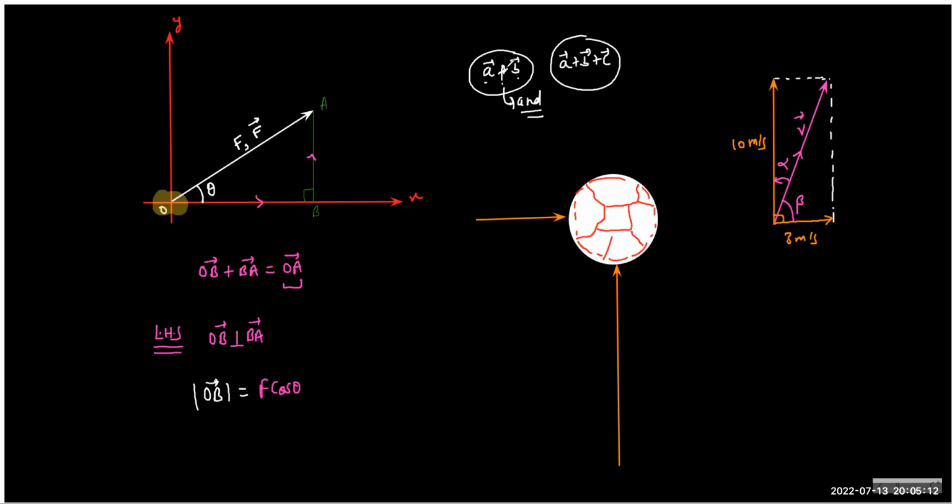I hope this part is clear, what I'm trying to say here. F cos theta is the component of vector F in the direction of the X-axis. And how far is the direction from the vector in terms of angular distance? At what angular distance does the x-axis lie?